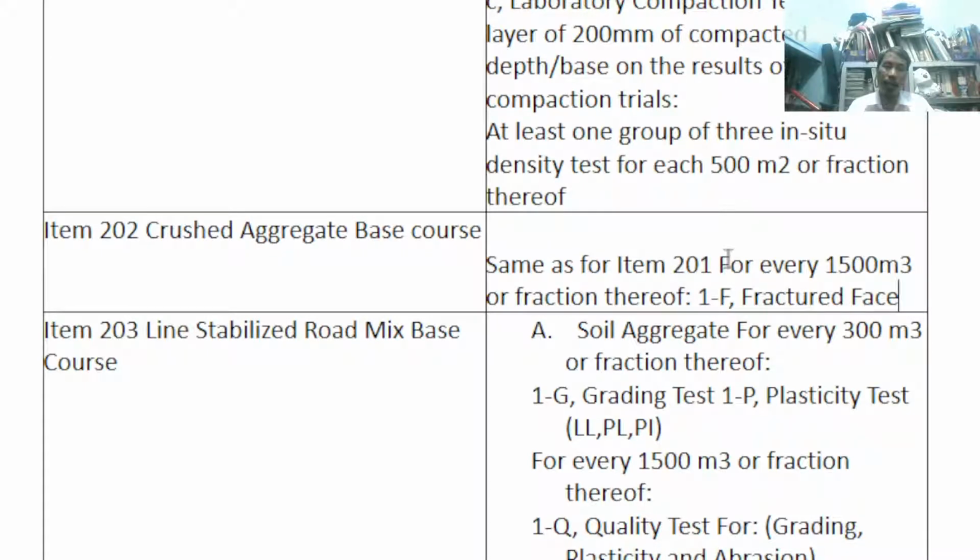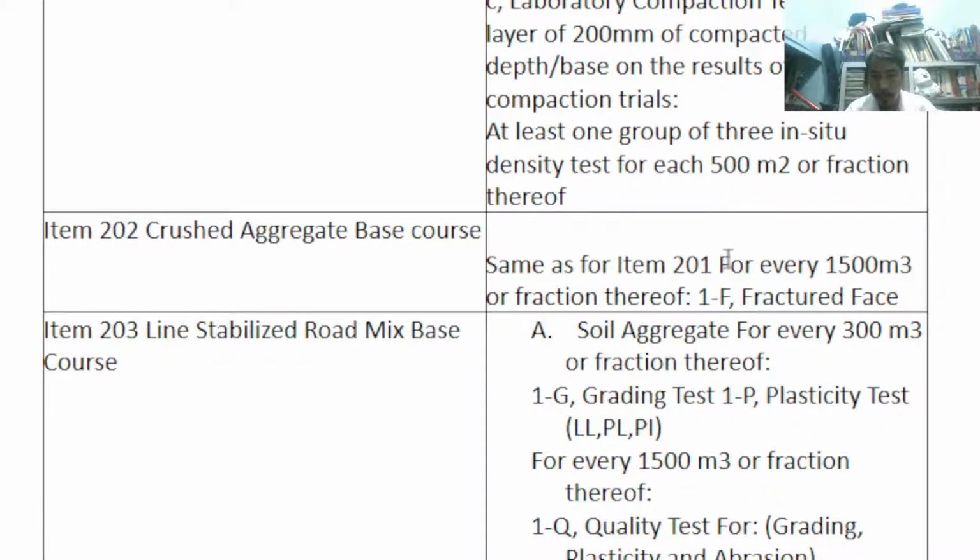So, do not construct a pavement of roads that would slide or slip cars' tires. Okay? So, that is dangerous for the commuters in public. Okay? So, that is what we mean by Q test or 1-Q.